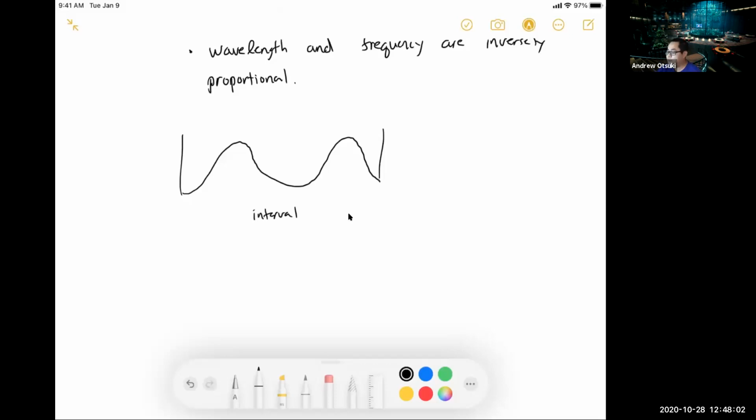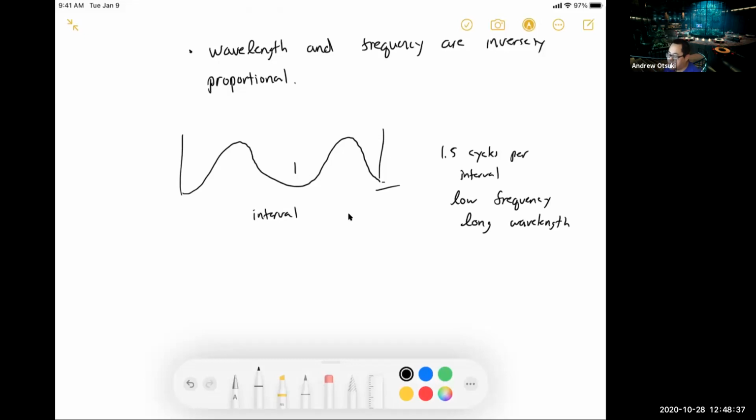My wave barely completed one cycle; here's one completion, but it didn't complete here. So it's about 1.5 cycles per interval. So this would be a low frequency, long wavelength.